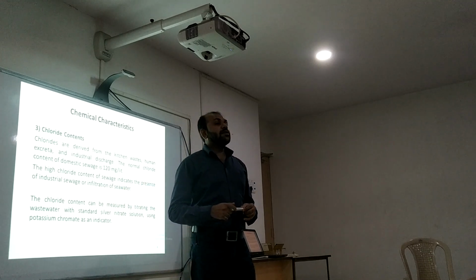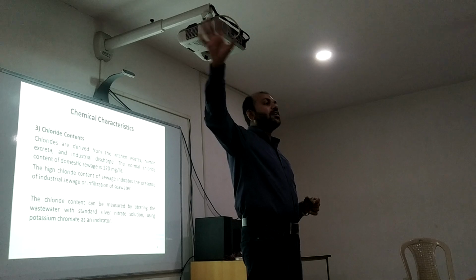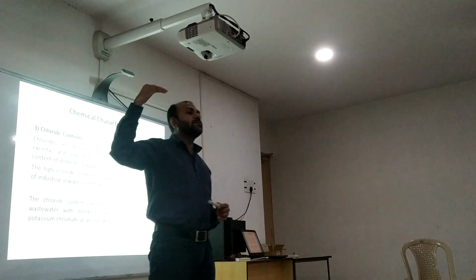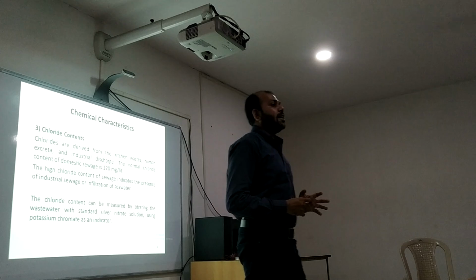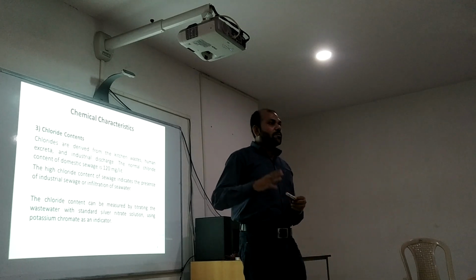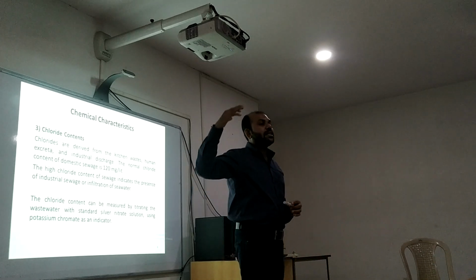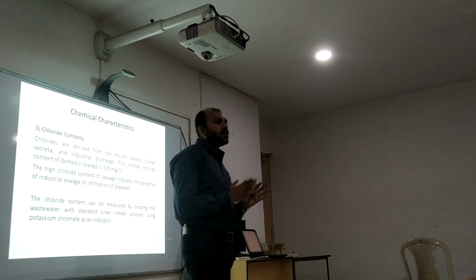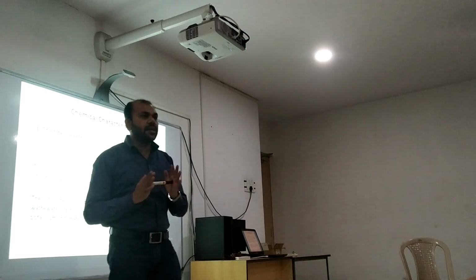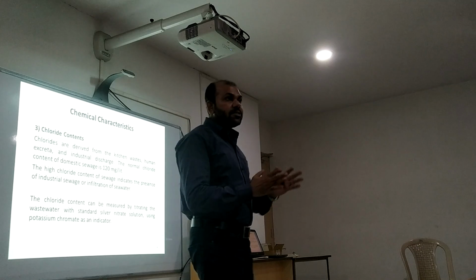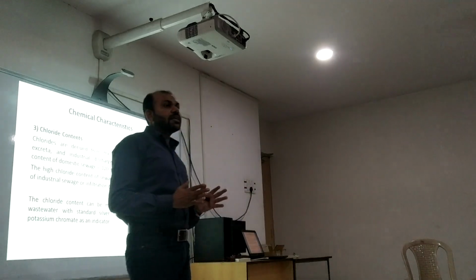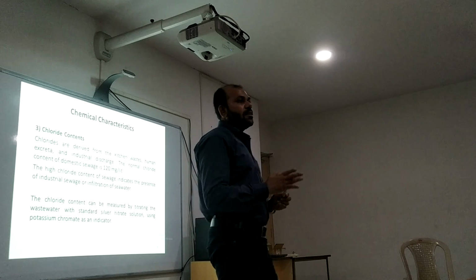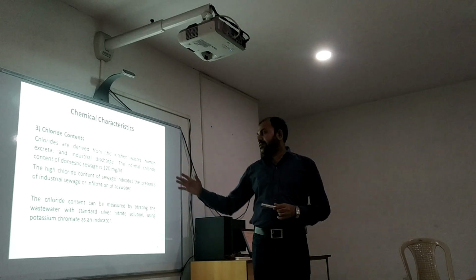Seawater, the saline water, sea and ocean water, contains a much higher content of chloride. So if in normal domestic sewage the chloride is very high, that means somehow the sewage has come in contact with industrial wastewater, or, if it is a coastal region, the sewage has definitely been mixed with seawater or saline water.